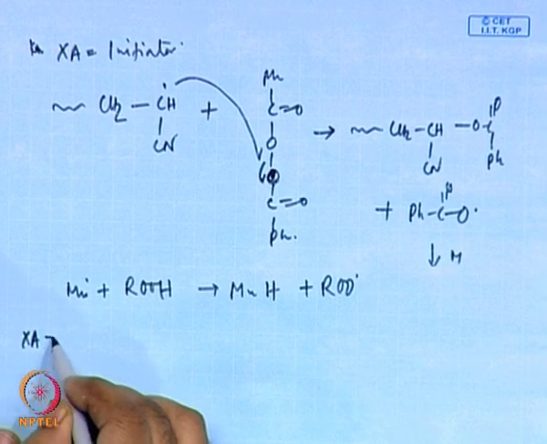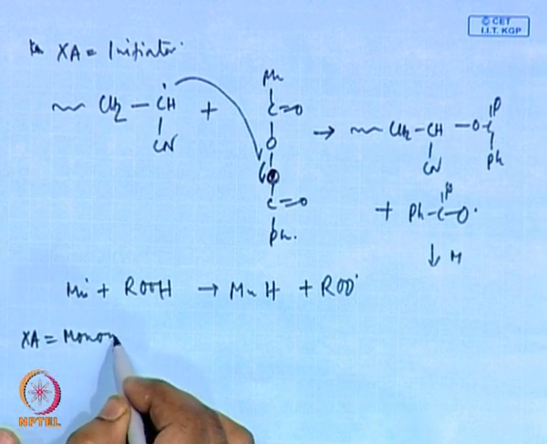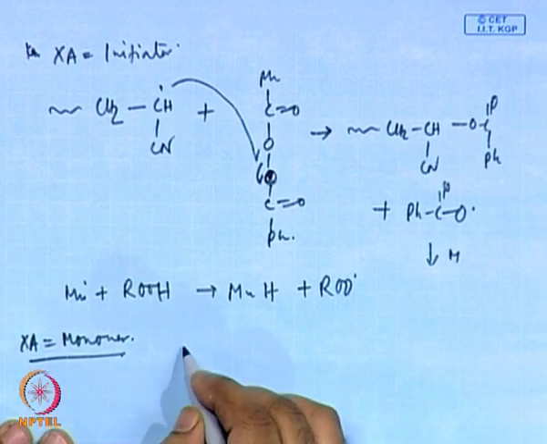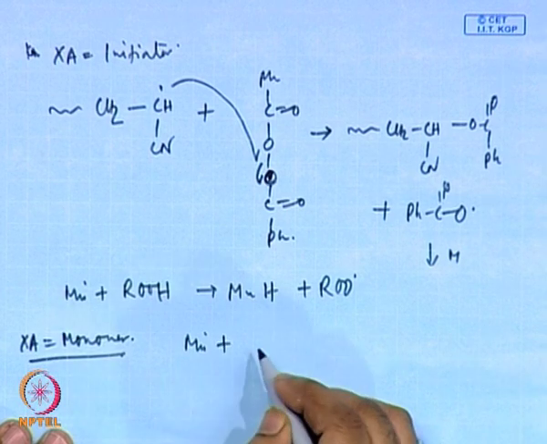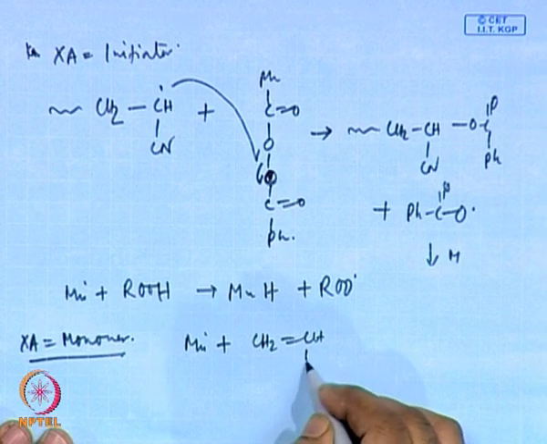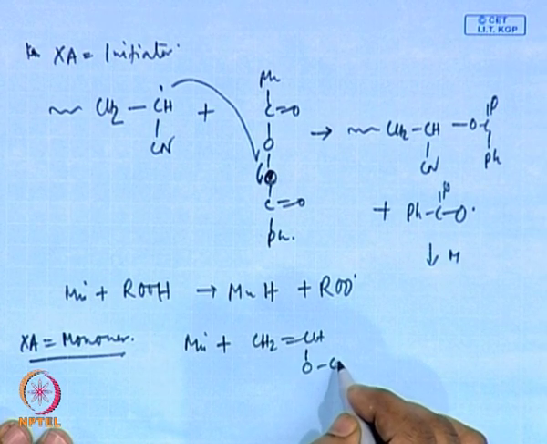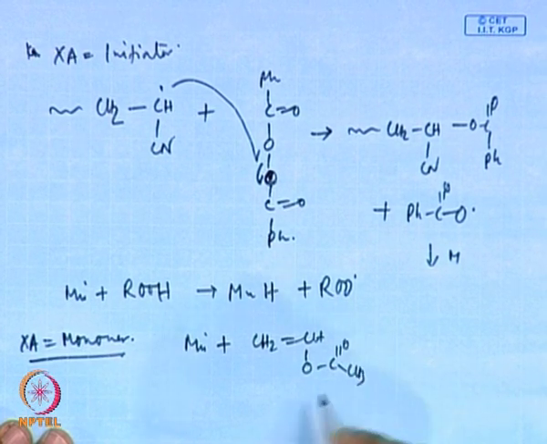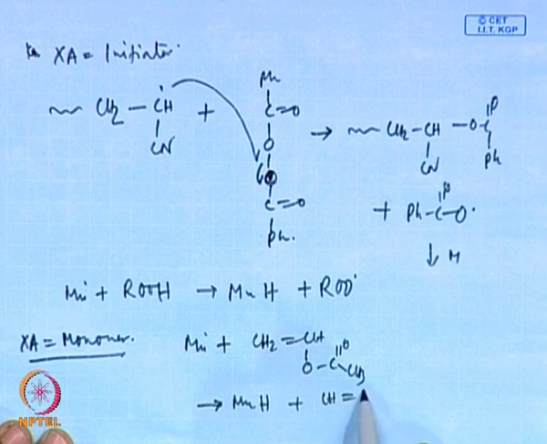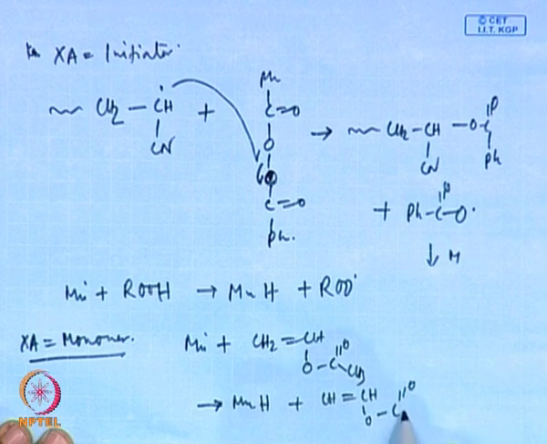Example of XA is monomer, methyl methacrylate, dot.